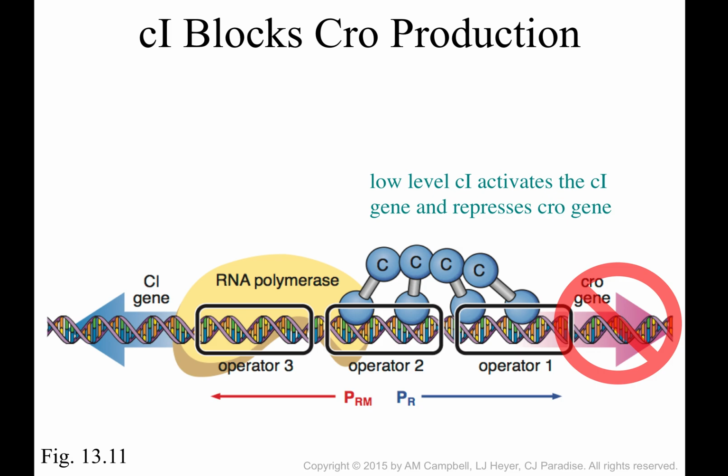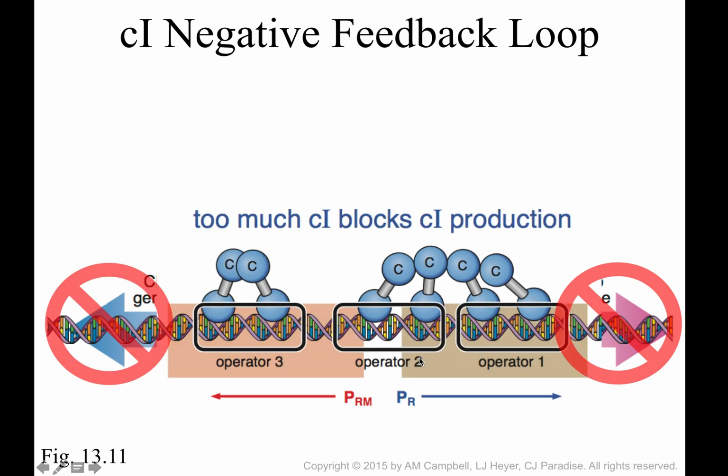Operator 2 and operator 1 being occupied also means that the other promoter, PR, that makes this other gene product, CRO, cannot be occupied. So when these are on, that's required for this one to go off to the left, but it also shuts off the one to the right. And that's why you can't have them both occupied at the same time.